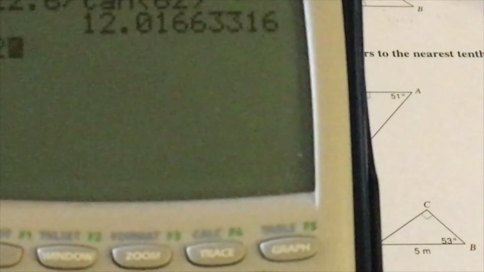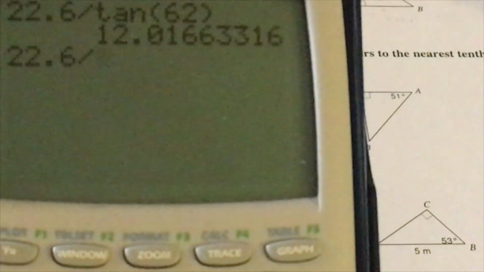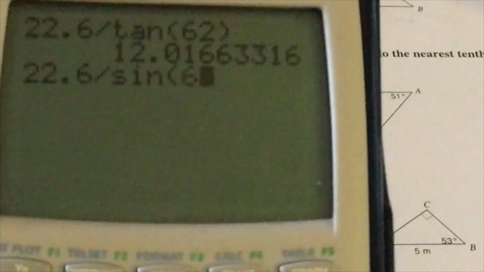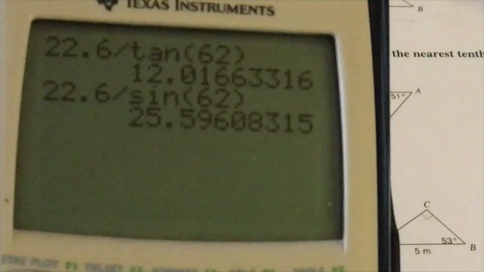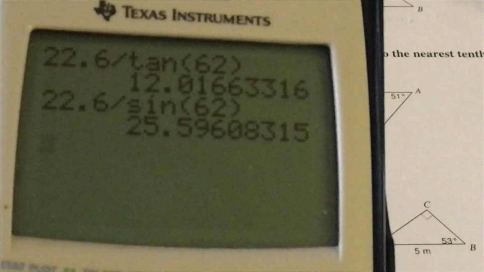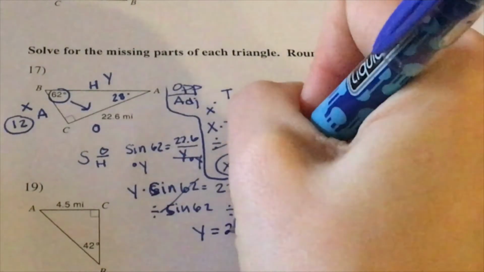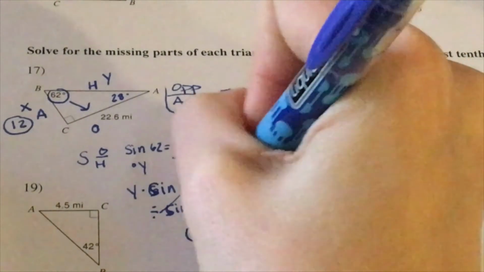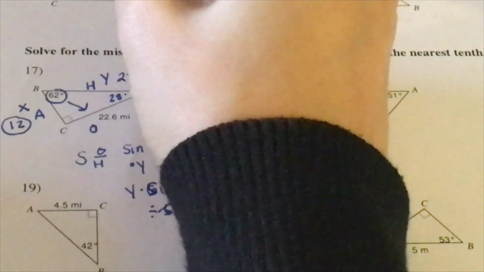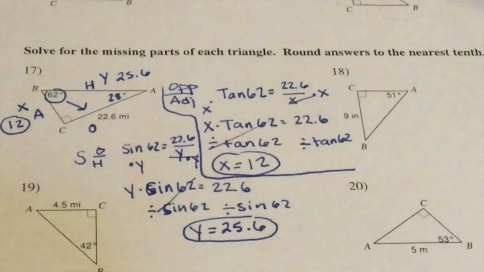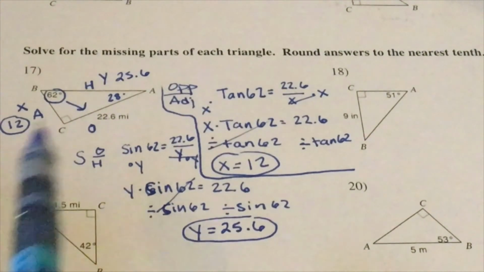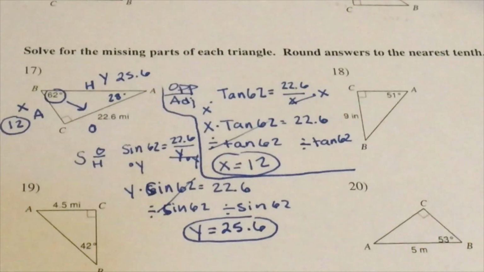So 22.6 divided by the sine of 62, 25.6. So I now know all three sides of my triangle and all three angles. I have what they call solved the triangle.